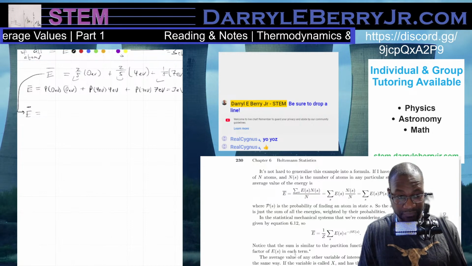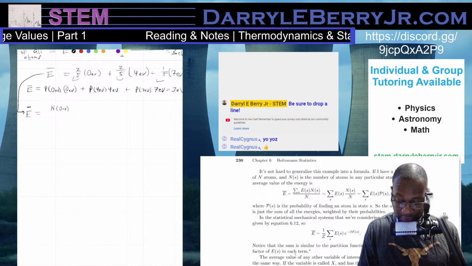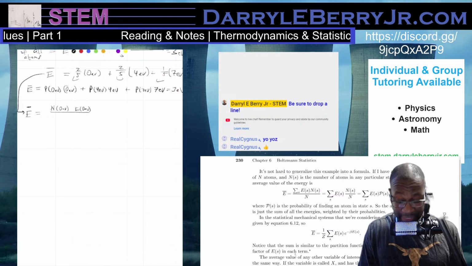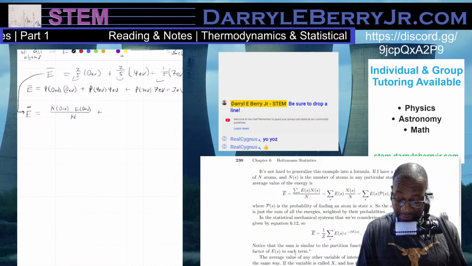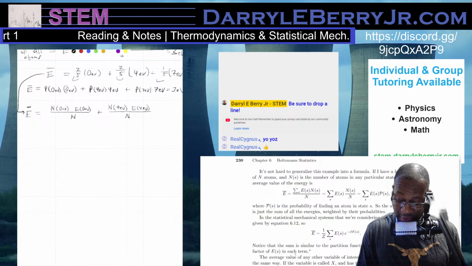We have the number that have 0 electron volts times E of 0 electron volts divided by N, which is the number of particles, 5, plus the number that has 4 electron volts times the energy, 4 electron volts, divided by the total number of particles.